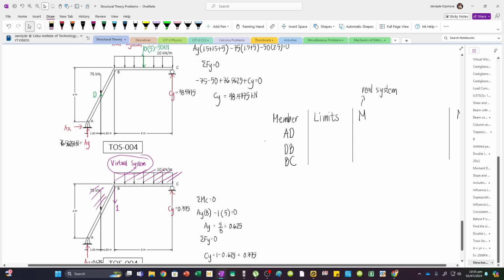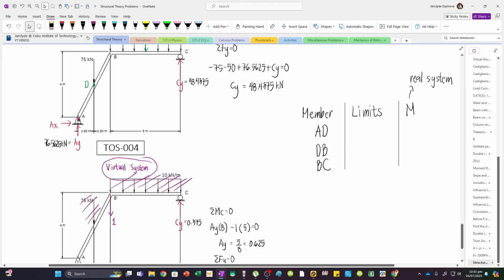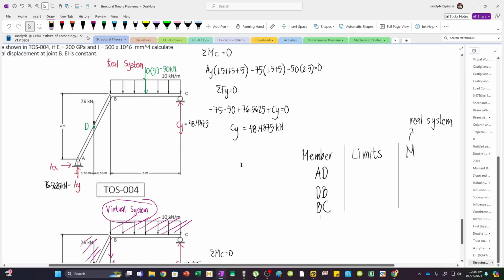Now we want to take moments dito sa AD, DB, and BC. But then we first have to establish the limits. So what will be the limits? Now, diba, this height is 4 meters, yung height na yan, and this base is 3 meters for this triangle. Now, your limits have to define the length of the member. And so, if this is 3, and this is 4, then the length of this member must be 5.